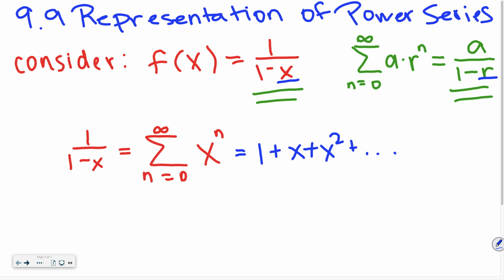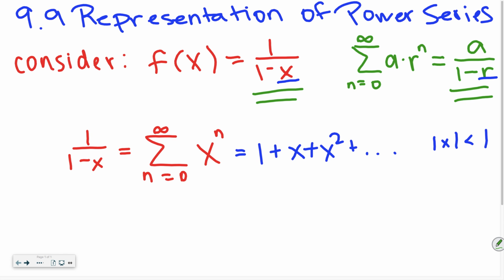What do we know about r for this formula to work? The absolute value of it has to be less than 1, right? Since we use our geometric formula to write this, we know that our common ratio r has absolute value less than 1.